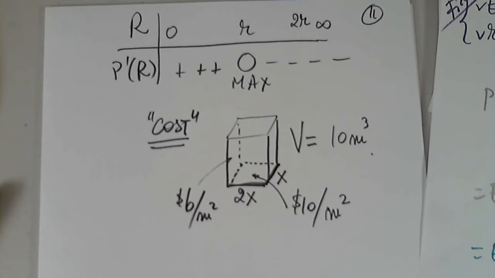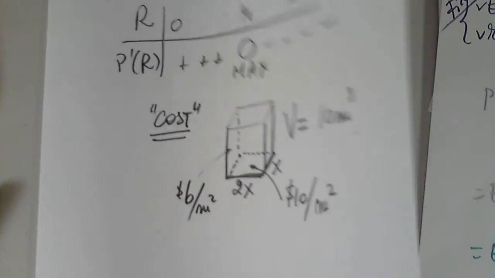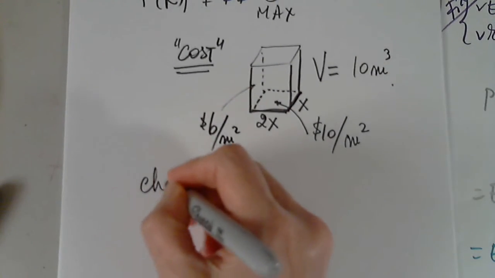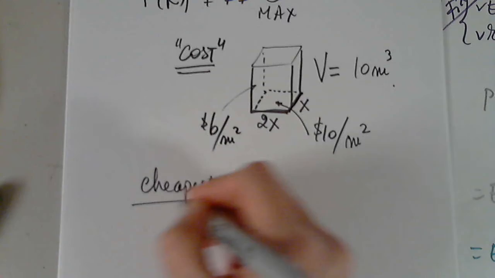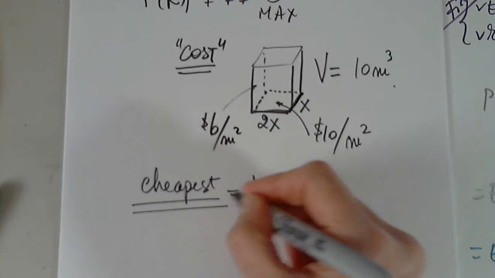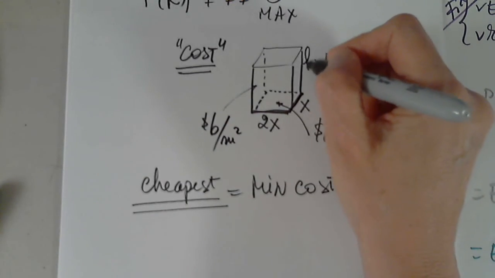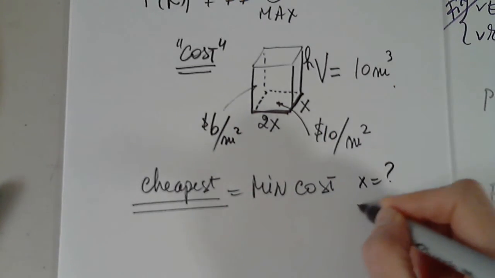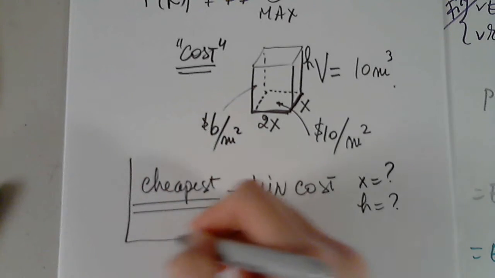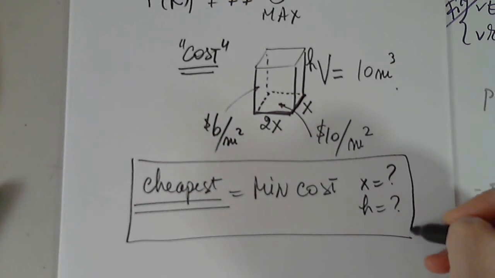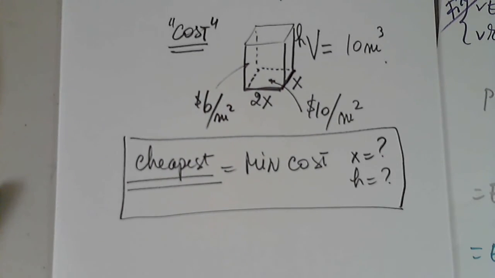Find the cost of materials for the cheapest such container. This is our question. So the question here is, find the length, the width, and the height of this box.